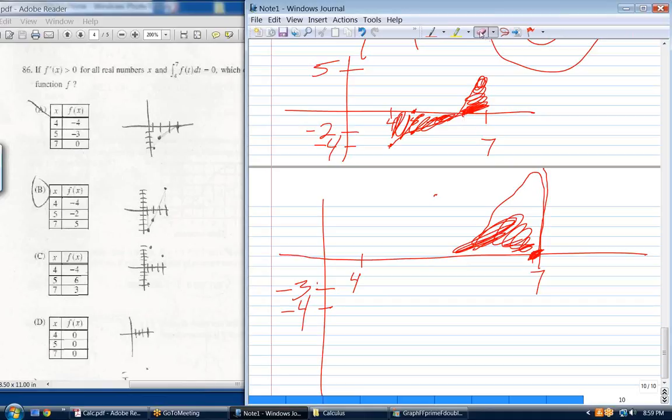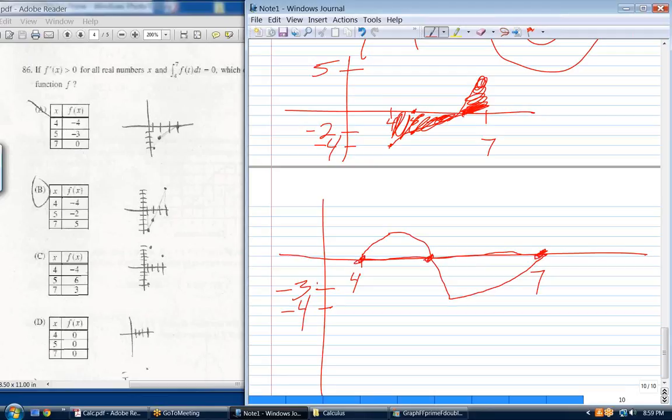So between 4 and 7, that function is going to either have to be a straight line, which would give you an area of 0. But if it's anything other than a straight line, it can't always decrease. In other words, it would have to decrease to have all of those values at 0.